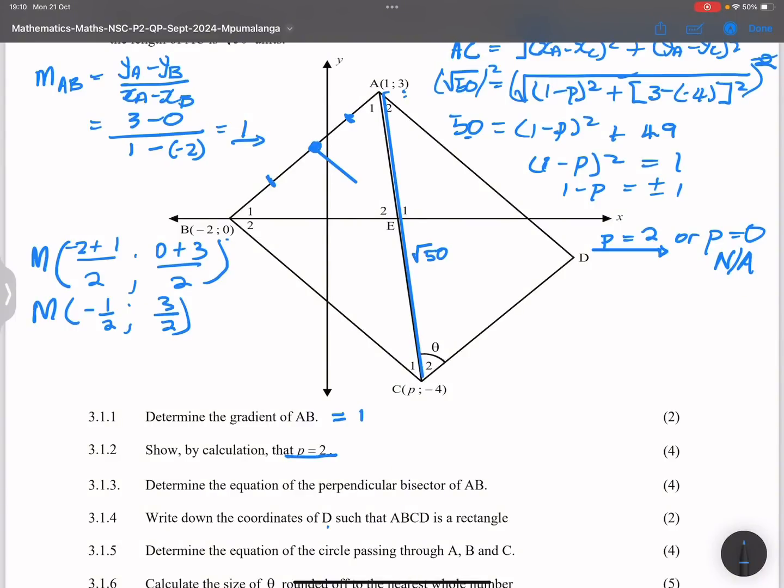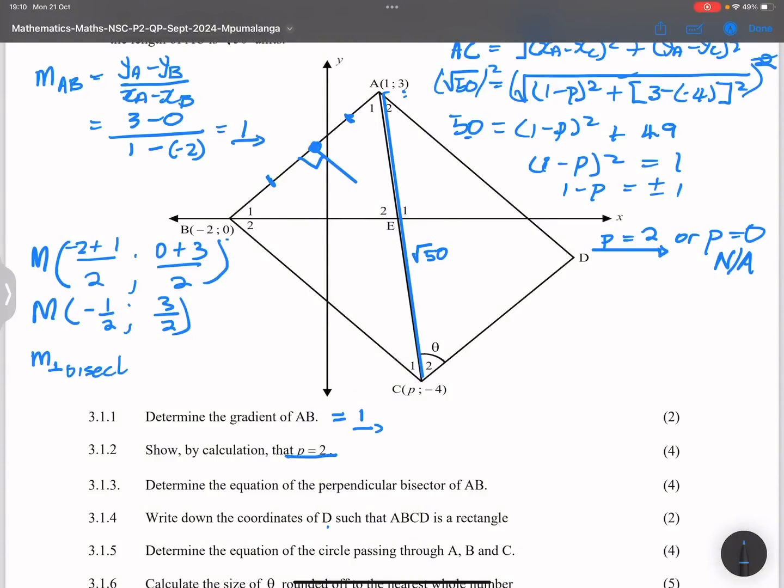Now, if it is a perpendicular bisector, we just found out that the gradient of AB is 1. So the gradient of the perpendicular bisector must be equal to -1, because they must be perpendicular to each other.